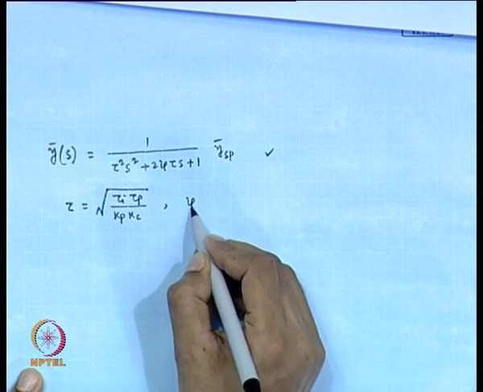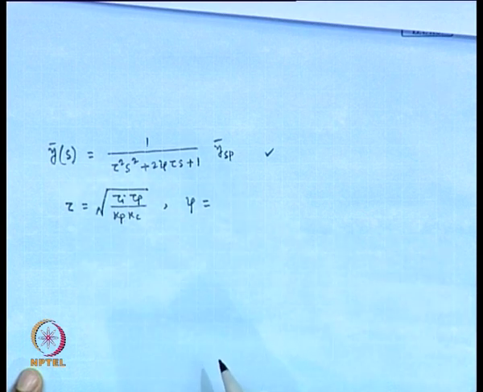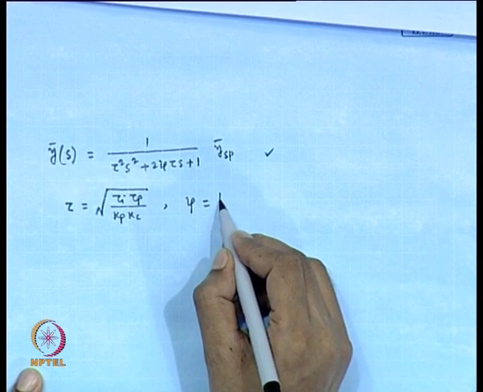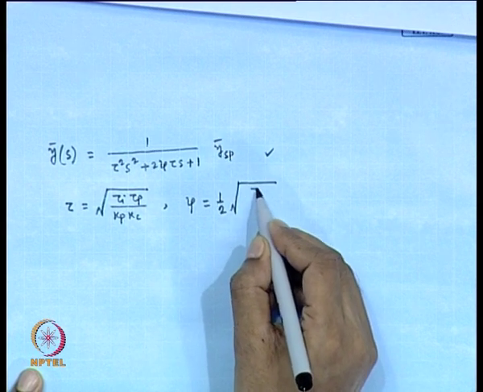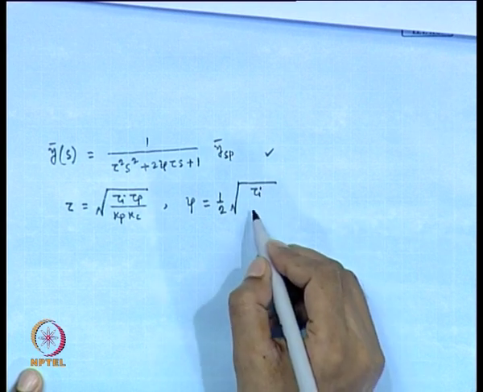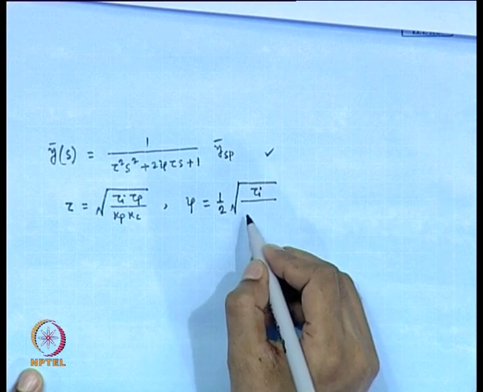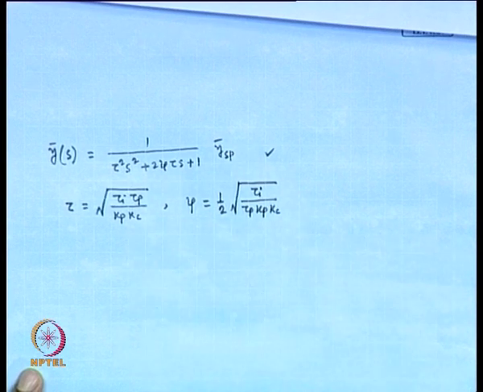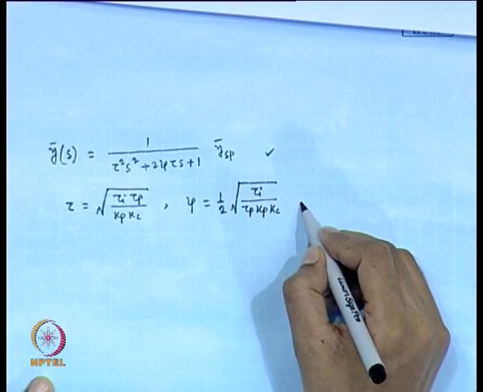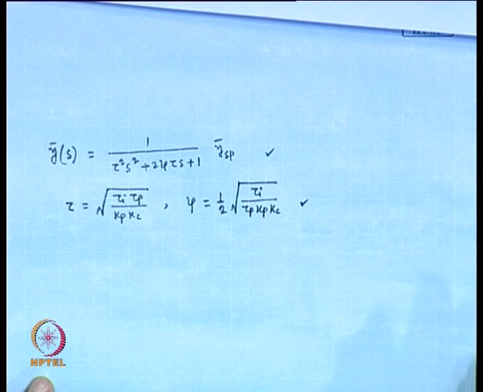Similarly, zeta is equal to half root over of tau I divided by tau P Kp Kc. Fine. So, these are the two expressions which have been considered in the development of the closed loop transfer function.